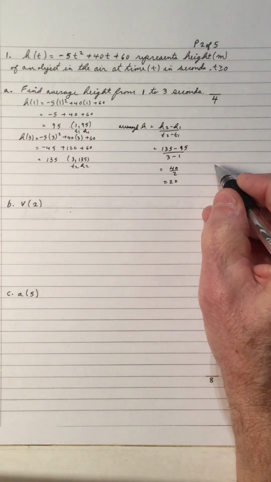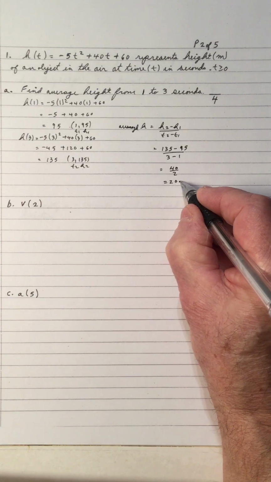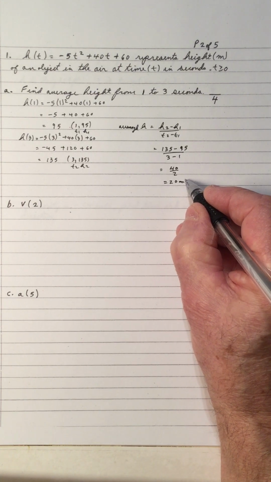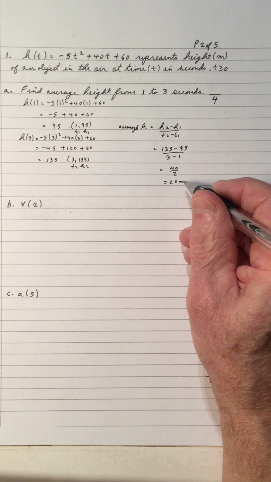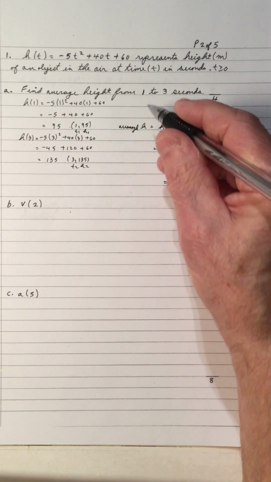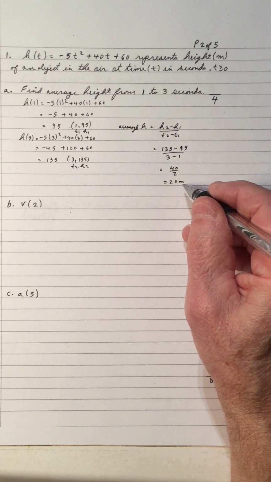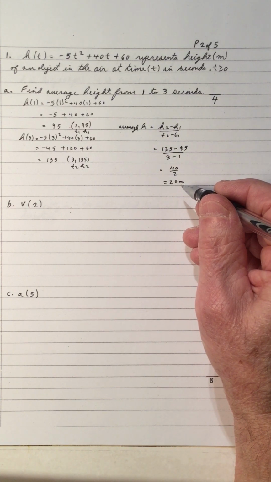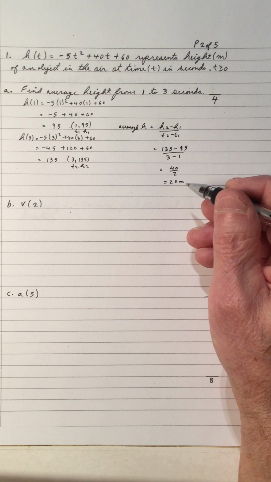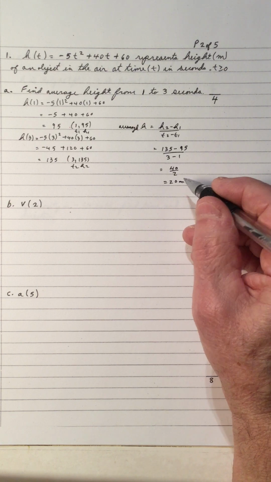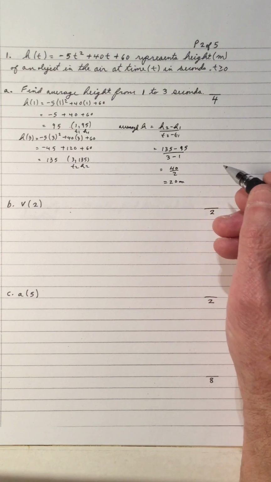So the height has changed by 20 meters per second in that interval. The average only means it's the difference in the height over the difference in the time.